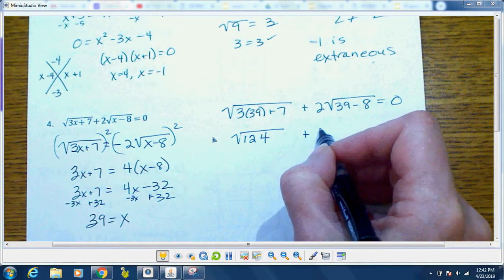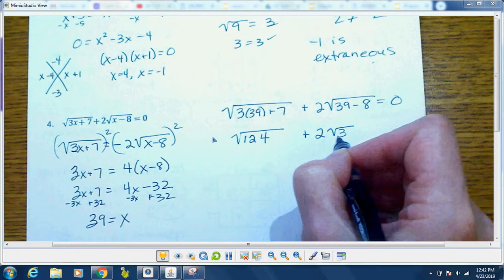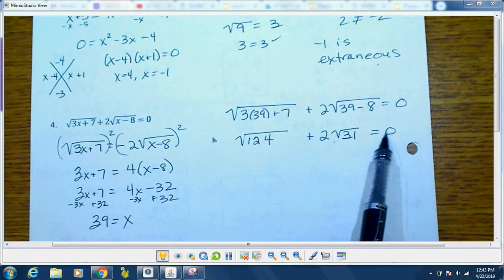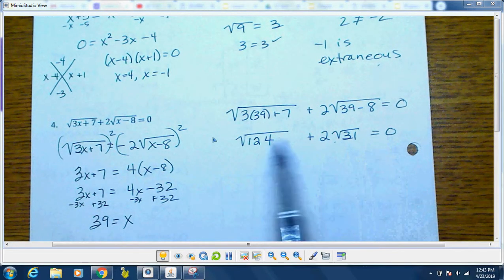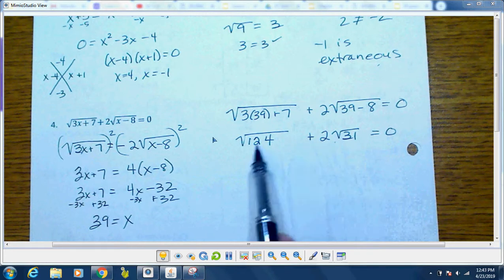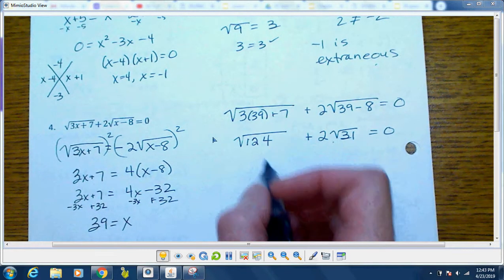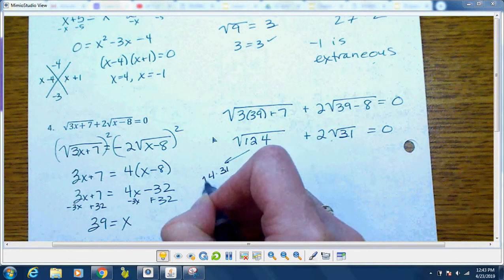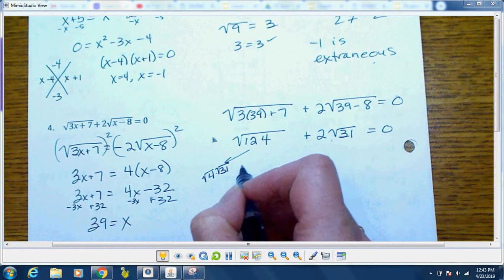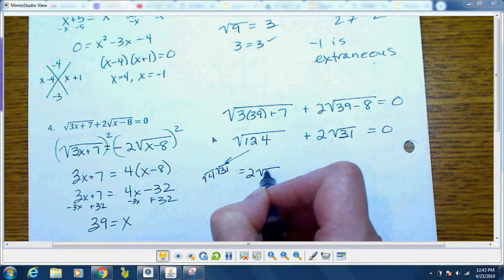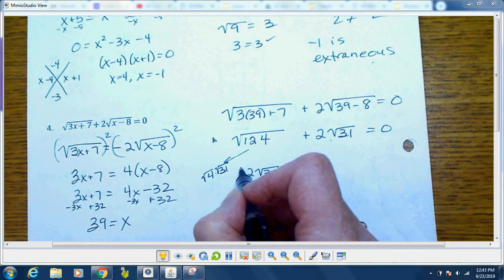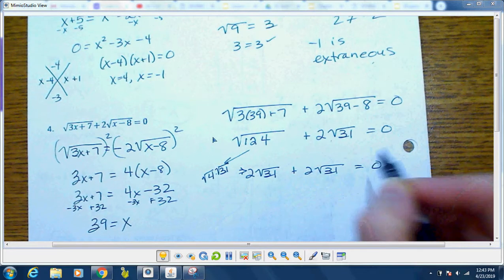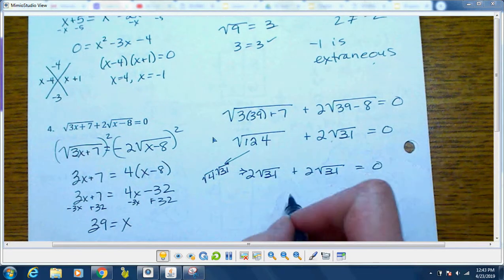This becomes 2 times the square root of 31. The only way this can be true is if these are the exact same number and one is positive and one is negative. 124 can be broken down into square root of 4 times the square root of 31, which gives me a 2 times the square root of 31. So you can't double a number and get 0, so no solution.